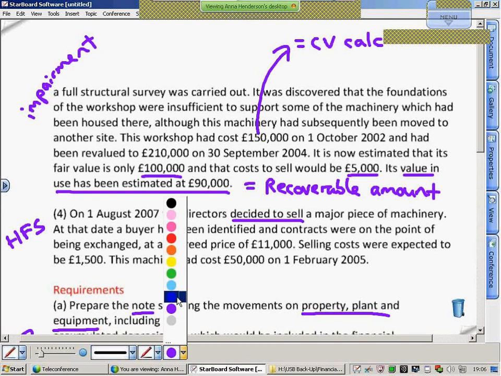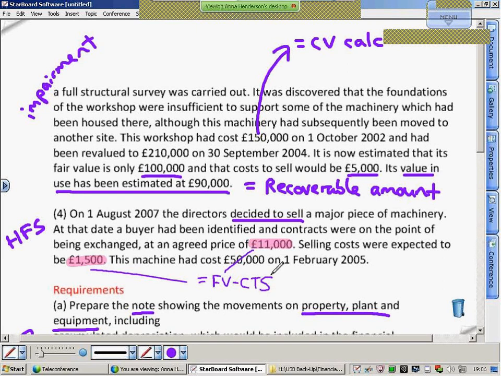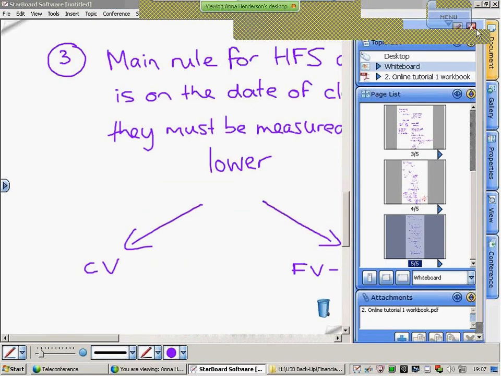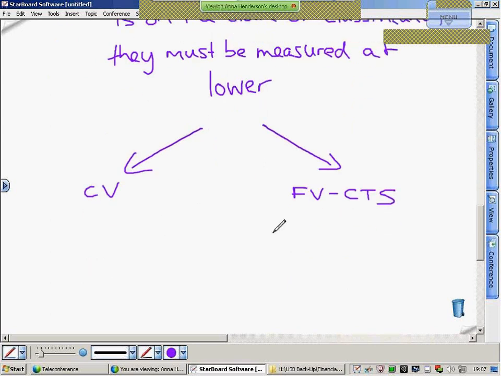It's in point 4. Essentially, what we've got here is a fair value of 11,500 and a cost to sell of 1,500.